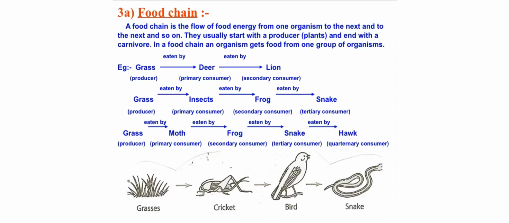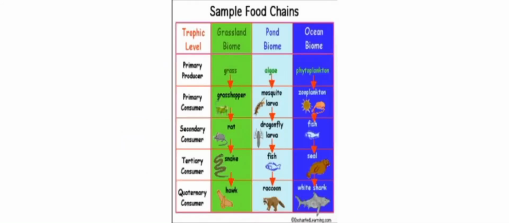Similarly, there are so many different food chains in nature. Here you can see the example of one food chain each of grassland, pond and ocean biome. If we consider the grassland food chain, you can see that the grass, which is a producer, is eaten by grasshopper, which is called a primary consumer. This grasshopper is eaten by rat, which is called a secondary consumer.